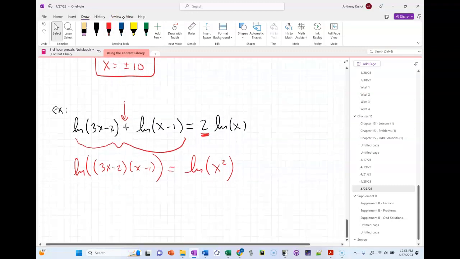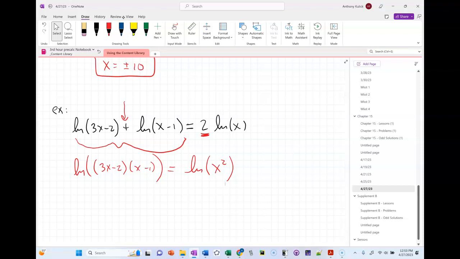And now, Caden, we're ready to cancel the logs, because I have log of the left-hand side and log of the right-hand side. So what base is the natural log? So what exponent base am I going to use to cancel them? So I'll do e to the right-hand side and e to the left-hand side.